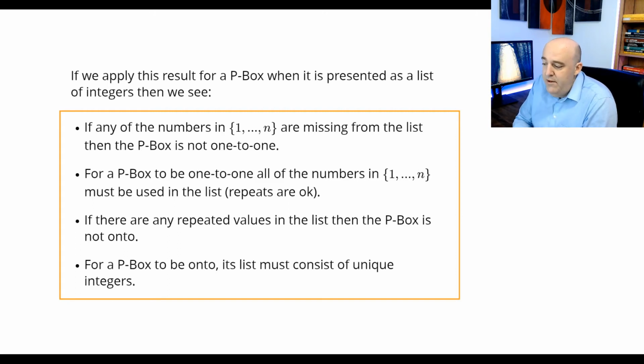It's okay to have repeats, but every integer from 1 up to n has to be used in order for the p box to be 1-to-1. And if there's any repeated values in the list, then the p box cannot be onto. In other words, for the p box to be onto, every integer in the list has to be unique. We cannot have any repeats. That's the condition to be onto.